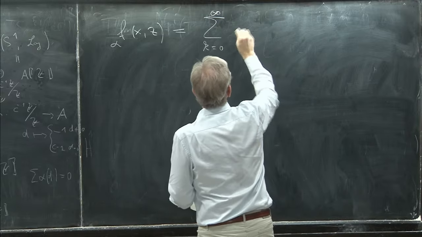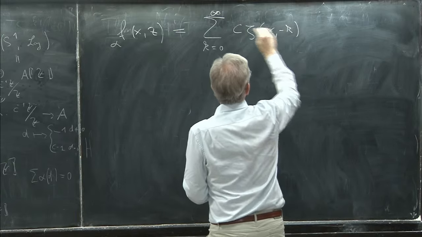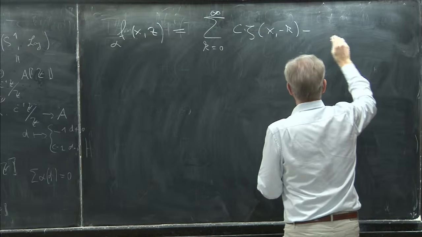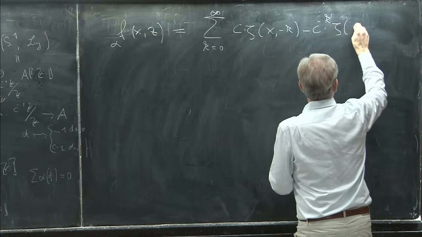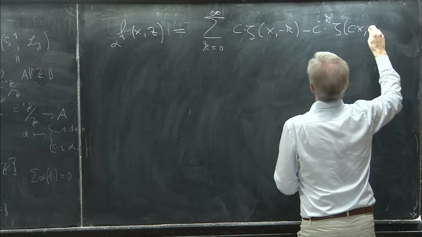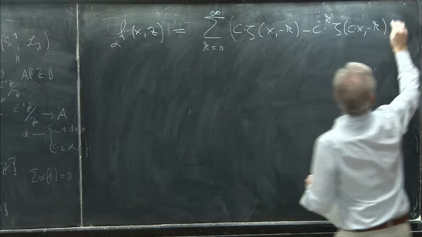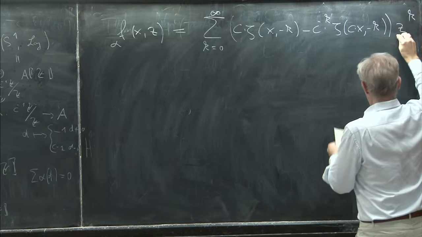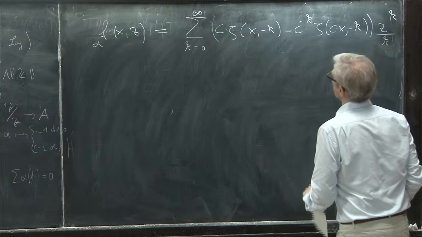You get c times zeta(x, -k) minus c to the minus k zeta_c of (x, -k), and then z to the k divided by k factorial.